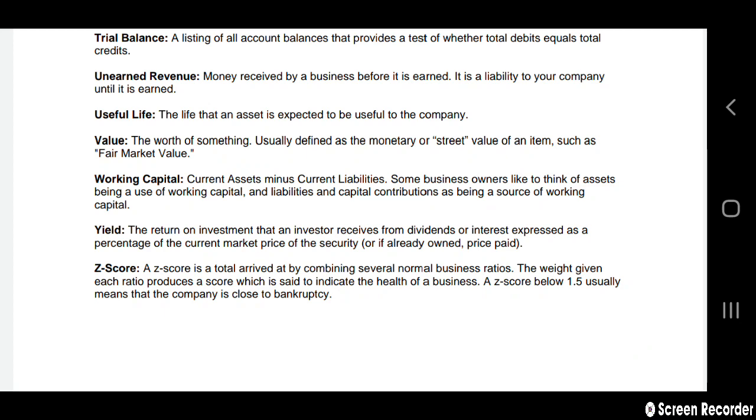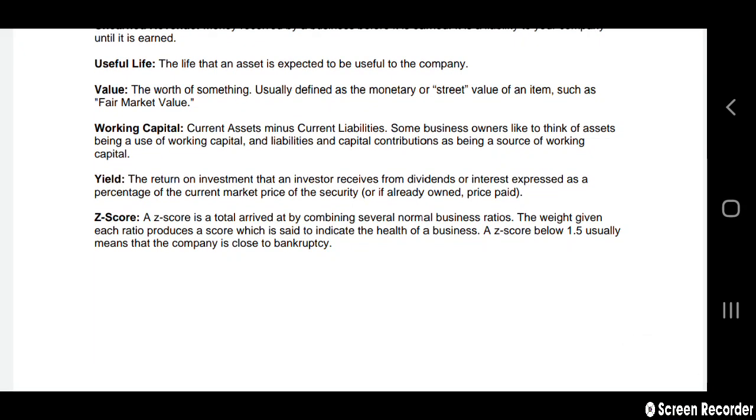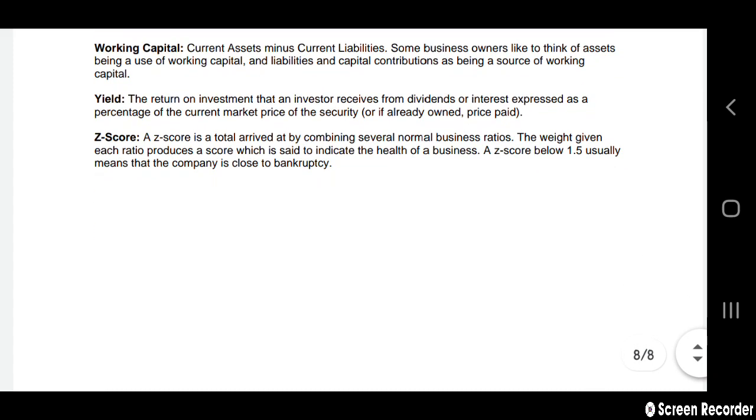Useful life, the life that an asset is expected to be useful to the company, is called useful life. Value, the worth of something, usually defined as the monetary or trade value of the item, such as fair market value. Working capital, current assets minus current liabilities.